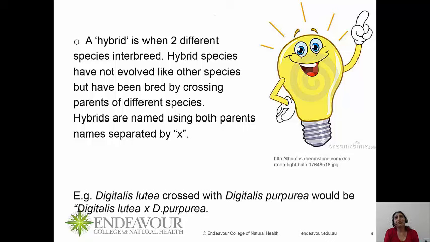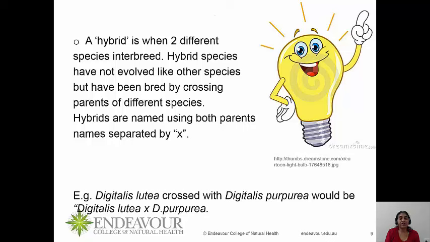Now, you remember we were talking about binomial nomenclature, where every living organism is given two names, that of the genus and the species. So what happens if it's a hybrid? How do you know it's a hybrid?